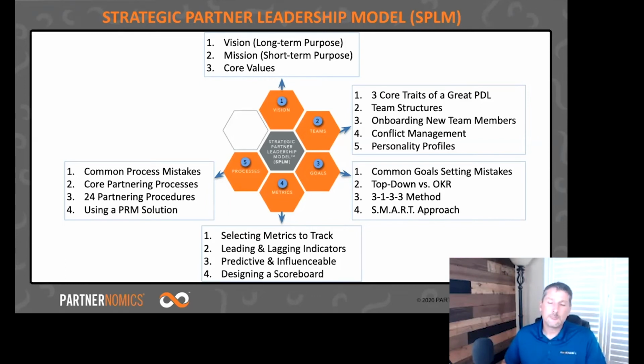And then finally, the processes element also talks about PRMs, right? So if you're not familiar with a PRM, it's a partner relationship management system. A lot of us are very familiar with CRMs, customer relationship management systems, and we use them all the time, right? Everything from HubSpot to Salesforce, Microsoft Dynamics. There's a lot of these big CRM systems.